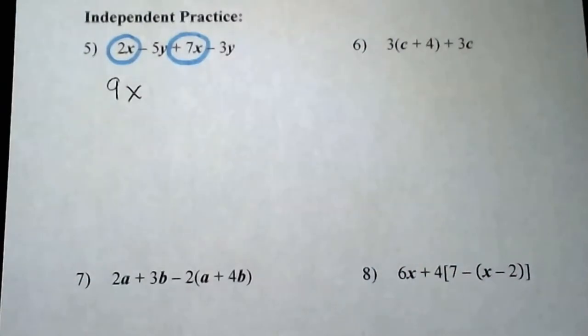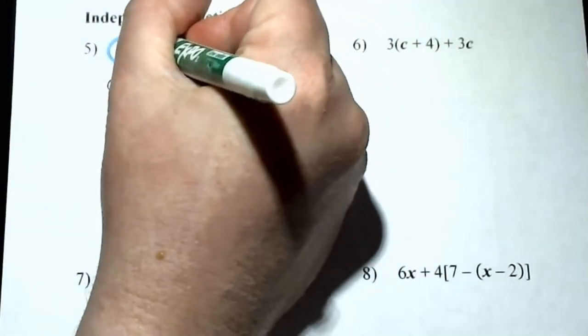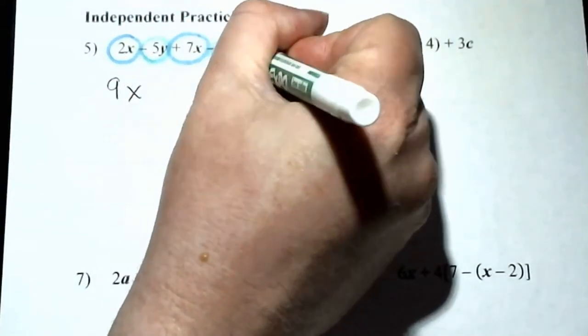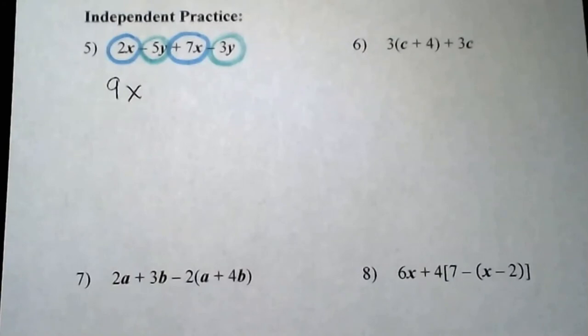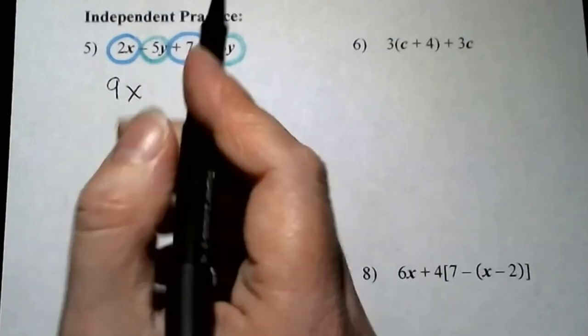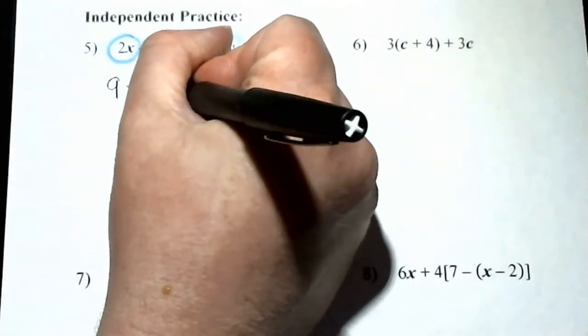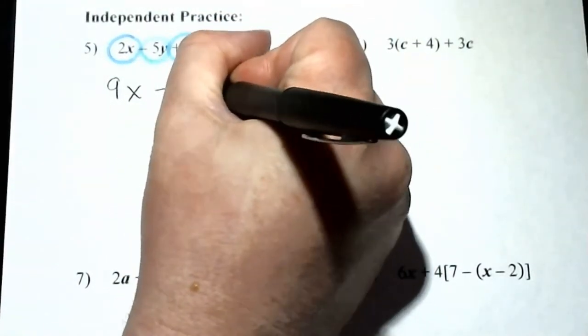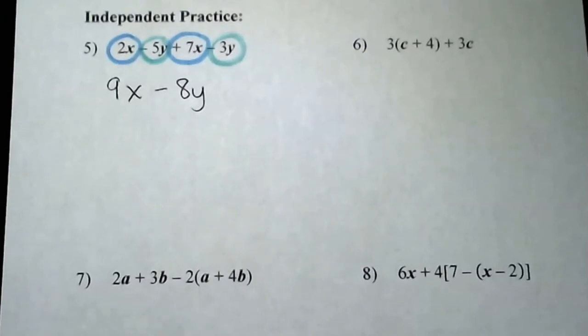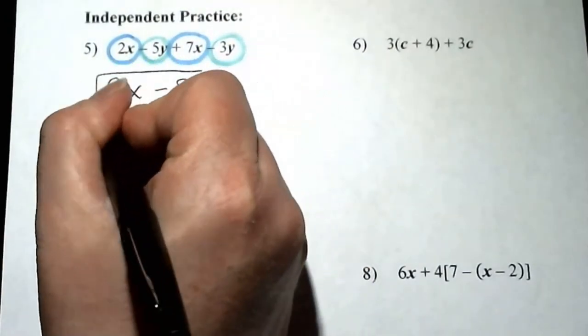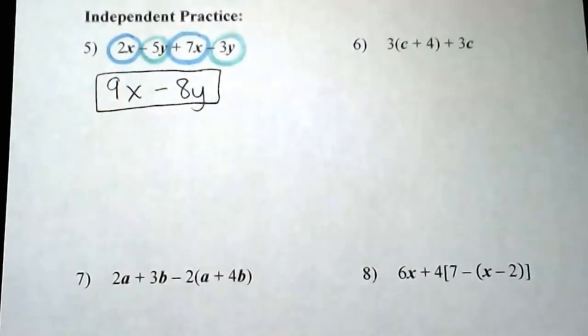And then I see a negative 5y minus 3y. I can put those together. Negative 5 minus 3 is negative 8y. Those are not like terms. Those cannot be combined any further, so that one's done.